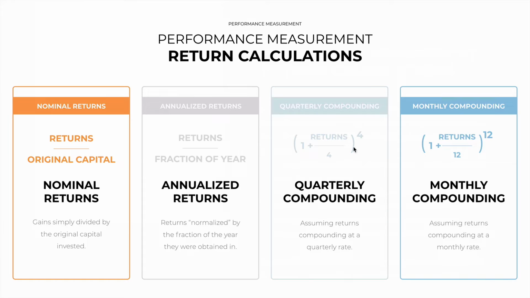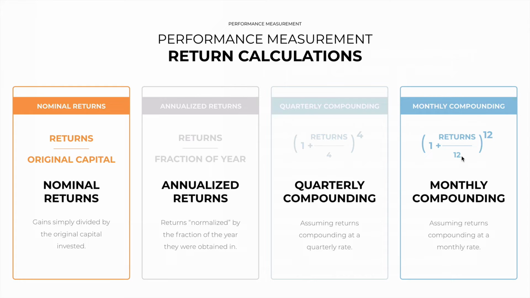Then we have two different examples of compounding. In this case, it's quarterly. In quarterly compounding, you divide the returns by that frequency in the year. So a quarter occurs 4 times, so you use a 4 here and a 4 here, and you put the returns here. If it's monthly compounding, you use 12, because the frequency that a month occurs in a year is 12 times.